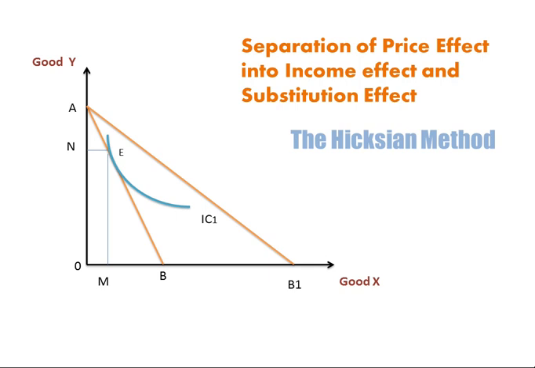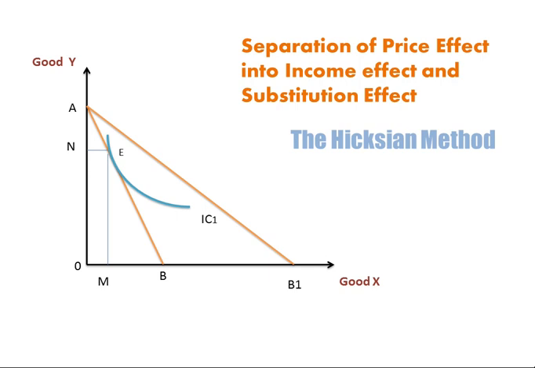There is no change in point A because there is no change in the price of good Y. You can buy only up to OA units of good Y. But since the price of good X fell, now the consumer can buy more units of good X. So the new budget line is AB1.